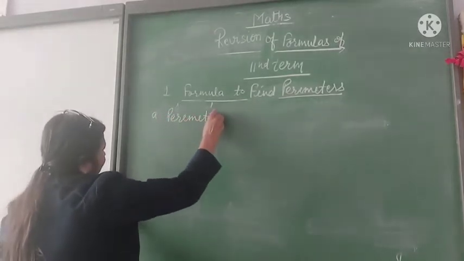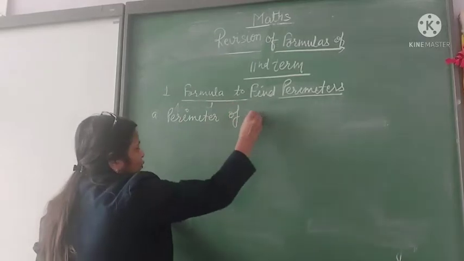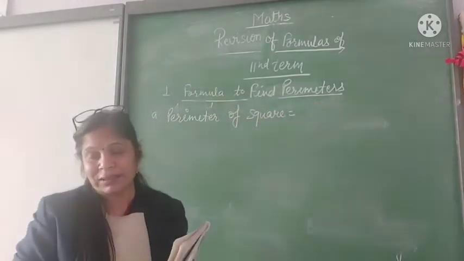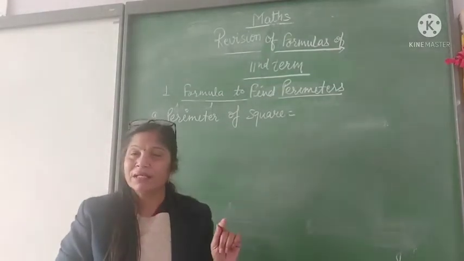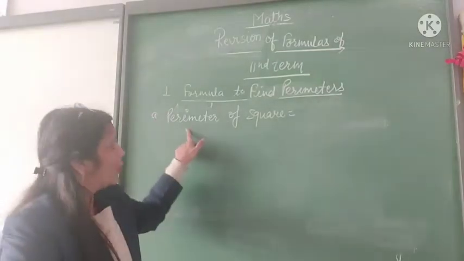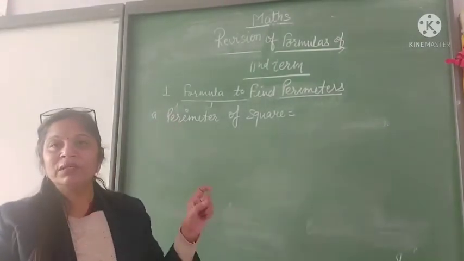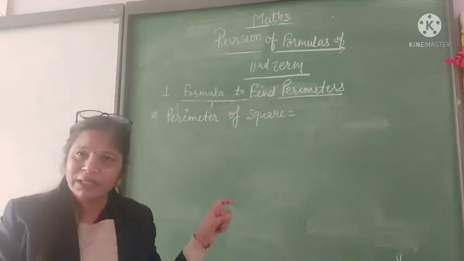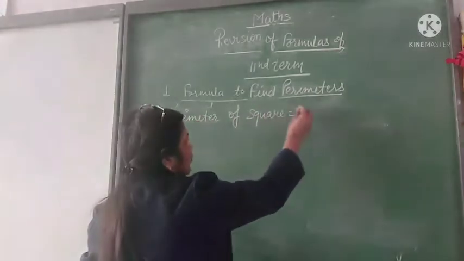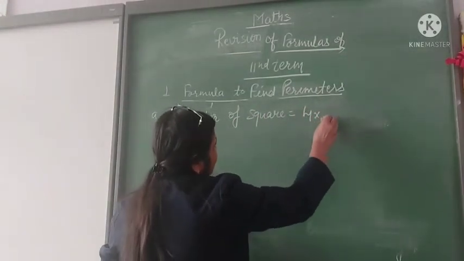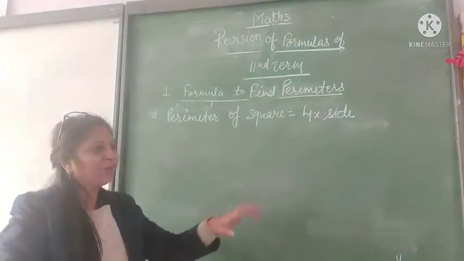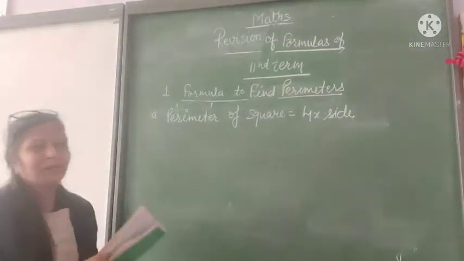Perimeter of a square is equal to, as I told you just now, all the sides of a square are equal. So how many sides does the square have? 4. And I told perimeter is equal to the total sum of the given figure. So all the sides of the square are equal. So perimeter of a square is equal to 4 into side.